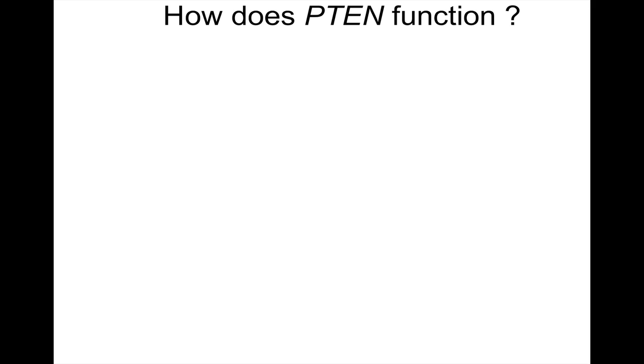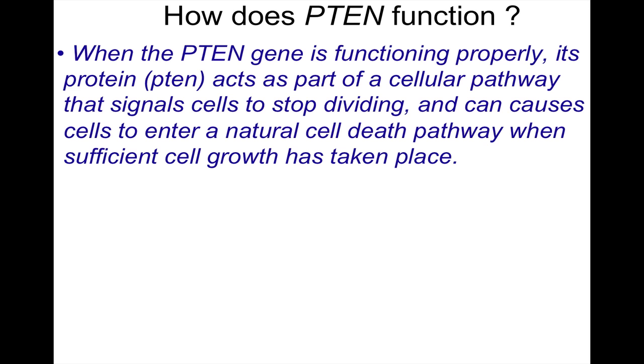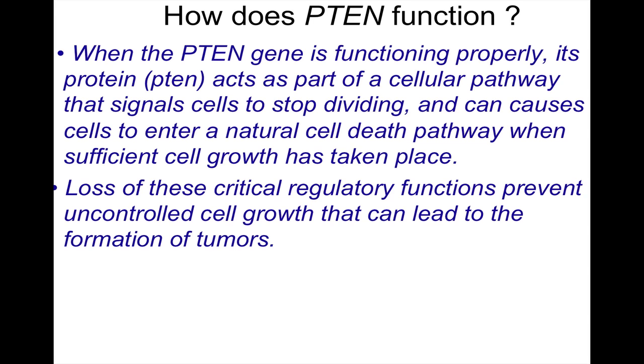So how does the gene itself function? When the gene is doing its job, the protein that's produced signals cells to stop dividing, and in fact causes them to enter a programmed cell death pathway when adequate growth has taken place for the normal function of the cell. In the case of prostate, this would be to populate the gland and provide its secretory function.